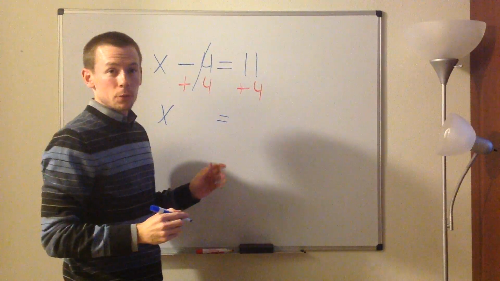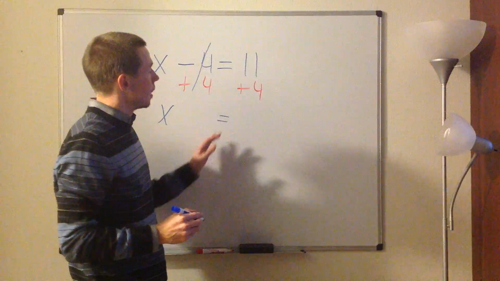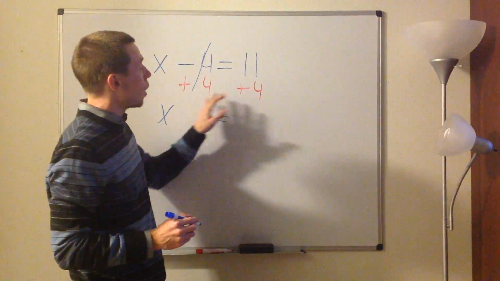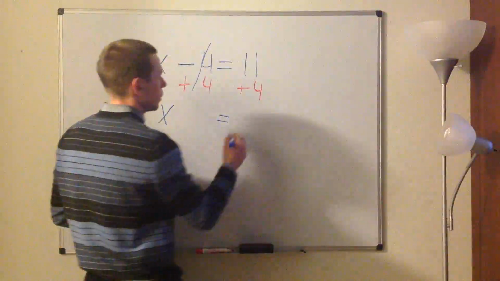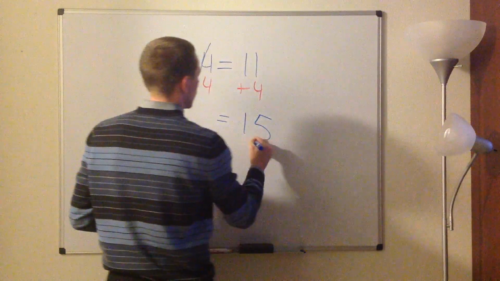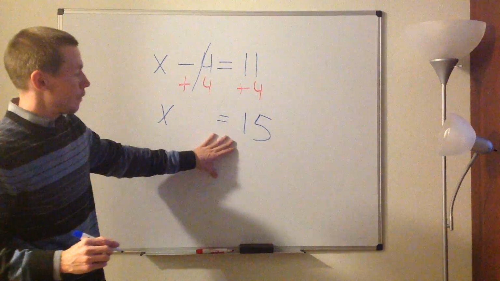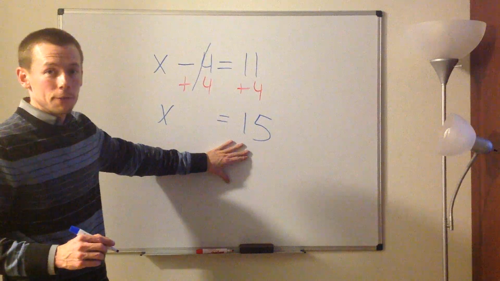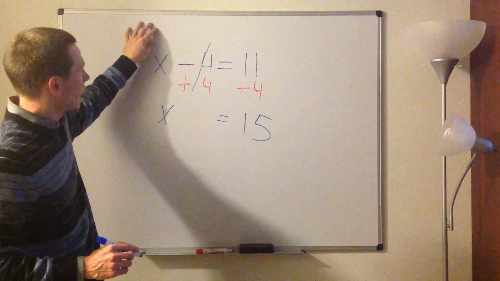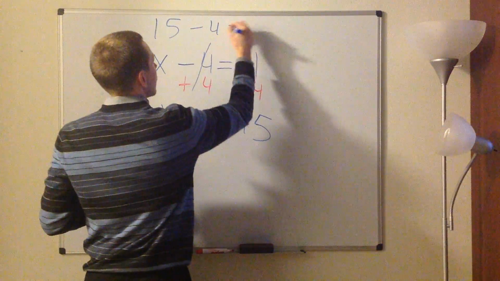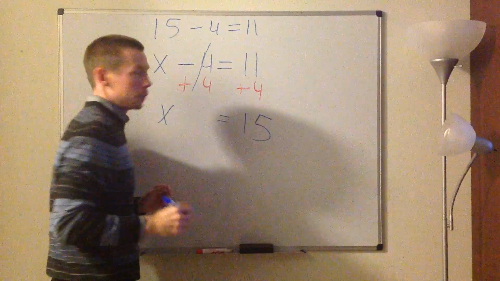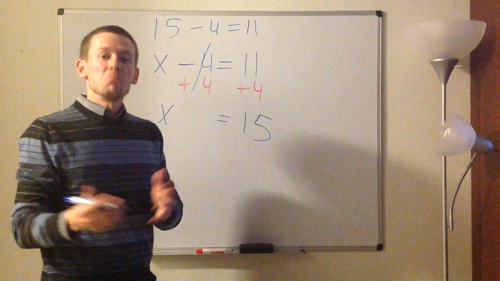So all I'm left with is x on this side. But now over here, I also need to add 4 to remain in balance. So 11 plus 4 is 15, and I now have my answer of x equaling 15. If I were to go back and plug it in, does 15 minus 4 equal 11? Yes, it does.